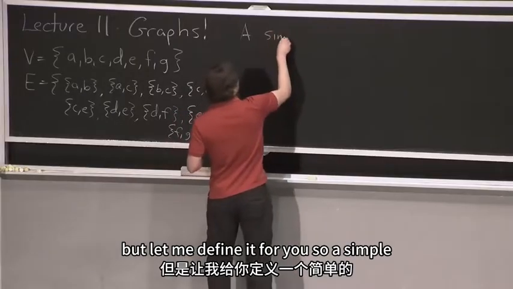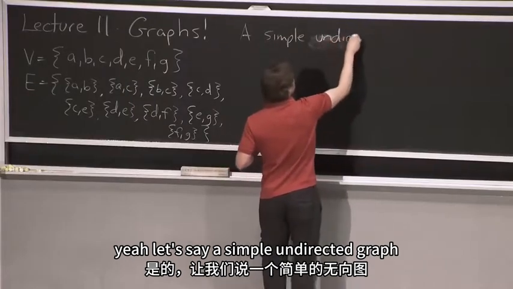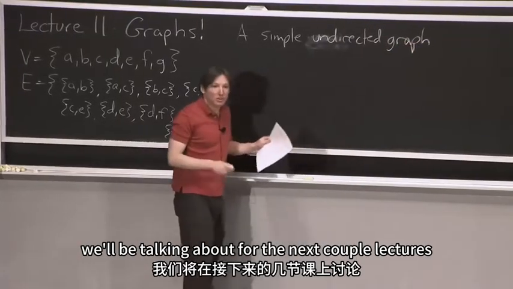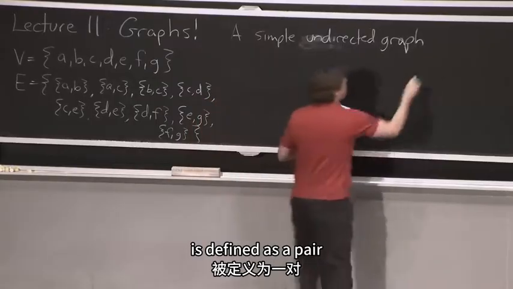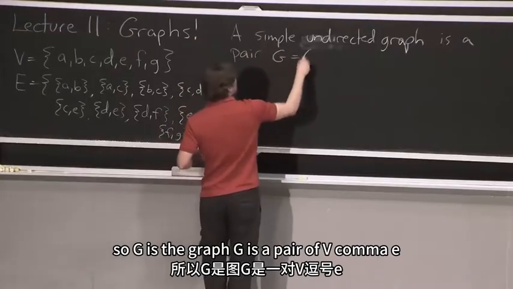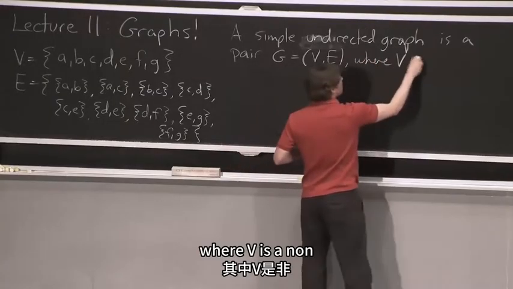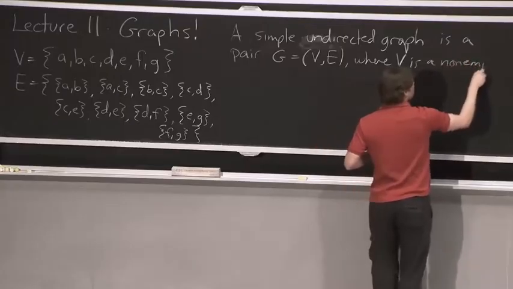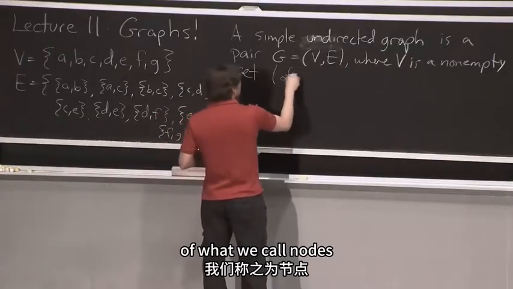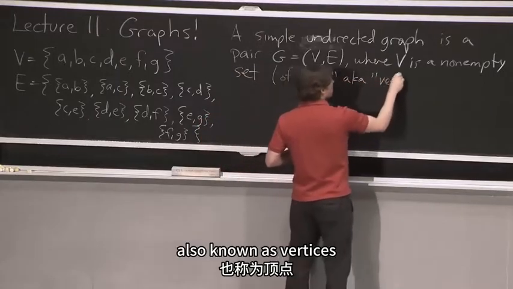So a simple graph, let's say a simple undirected graph, which are the only kind of graphs we'll be talking about for the next couple lectures, is defined as a pair. So the graph G is a pair V, comma E, where V is a non-empty set of what we call nodes, also known as vertices.